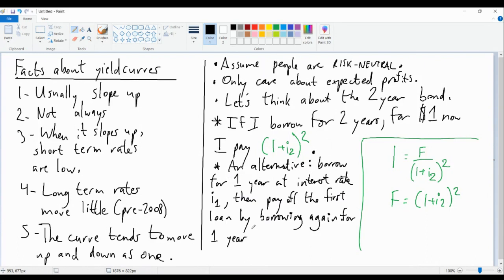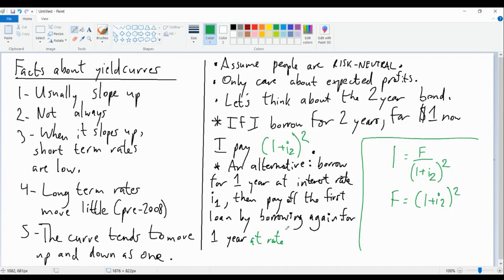But if I'm going to borrow again next year, I don't yet know what the 1 year interest rate is going to be. But I probably have a forecast.